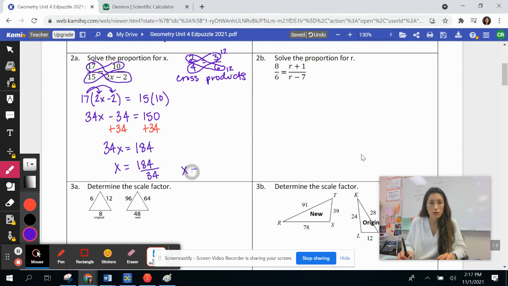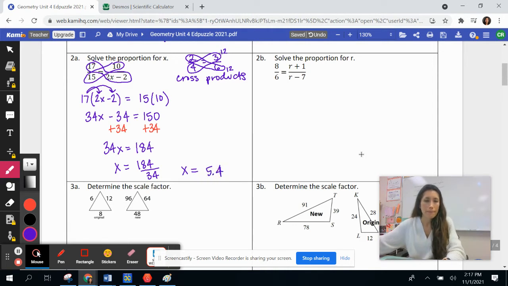So let's get our solution to that. 184 divided by 34 is 5.4. Let me check that really quick.